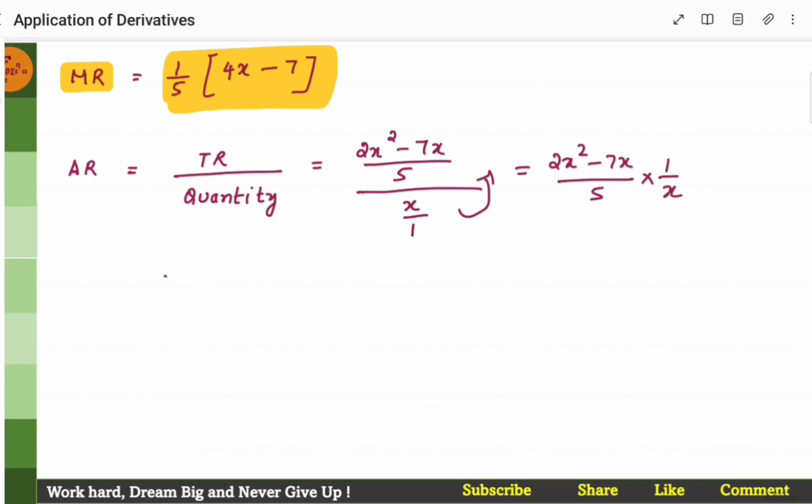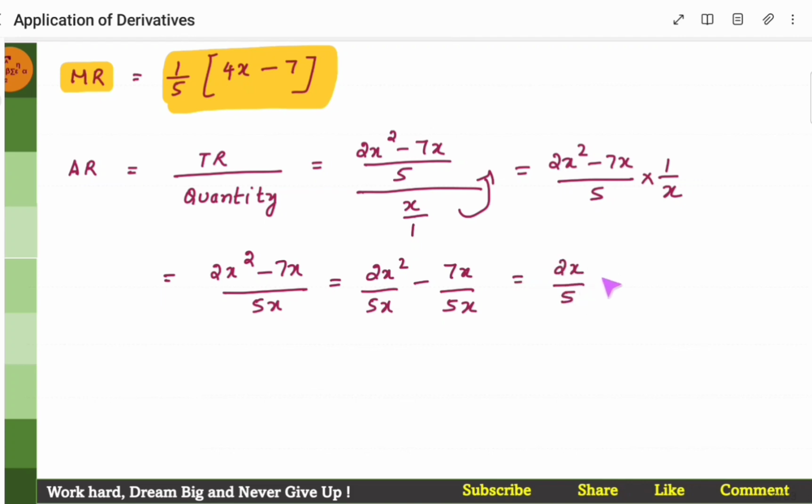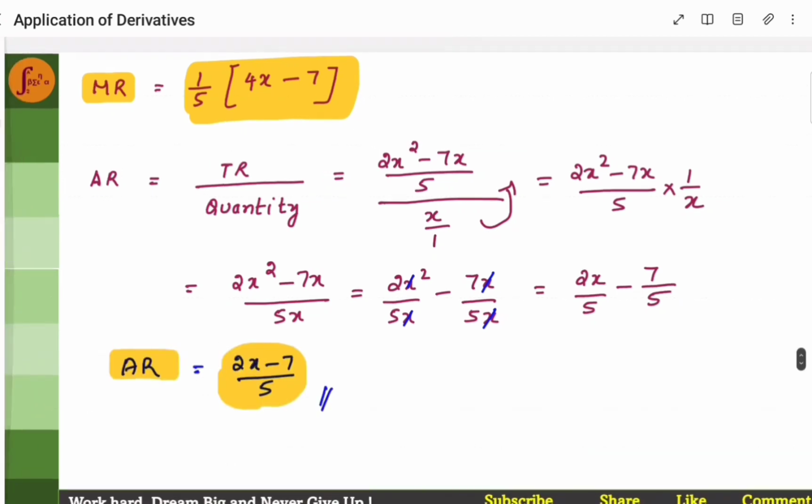So average revenue is 2x square minus 7x by 5x. Now I can divide separately with 5x. So I'll get 2x square by 5x minus 7x by 5x, which is equal to 2x by 5 minus 7 by 5. This and this will get cut, and this will get cut. So we'll get 2x minus 7 by 5. So this is average revenue.